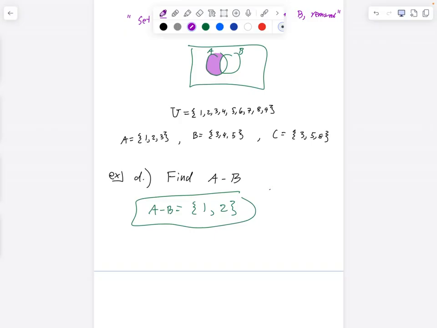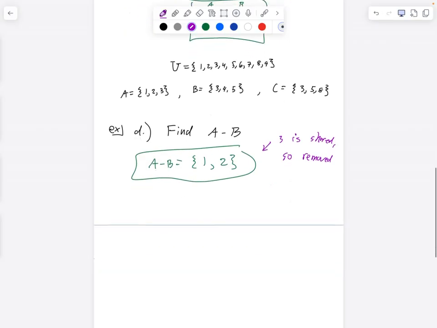They share 5 and 3, 3 and 5. So I'm going to remove them from set C. I'm removing 3 and 5 from set C, and what am I left with? I'm just left with lonely 8. And that's it. Because 3 and 5 were both shared.